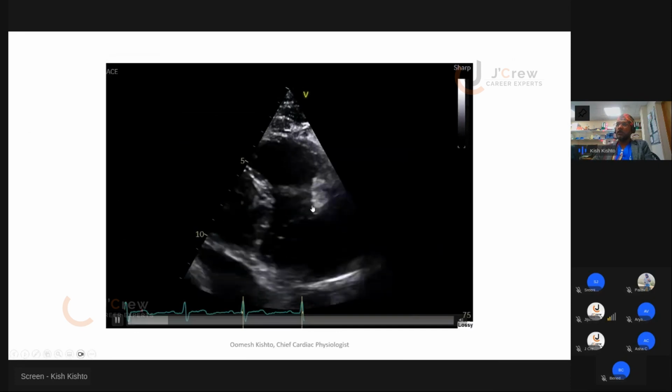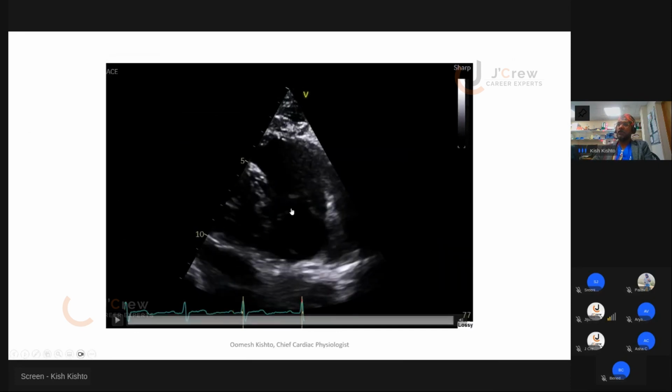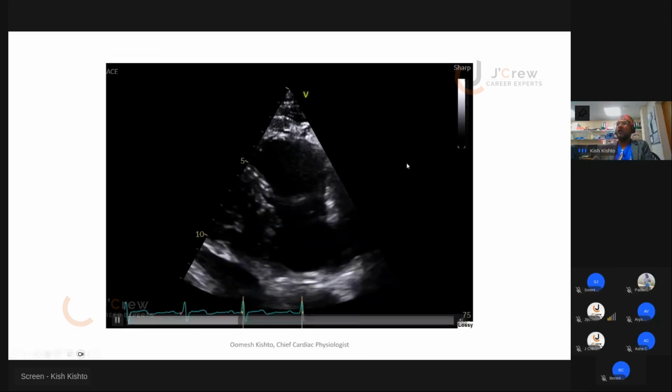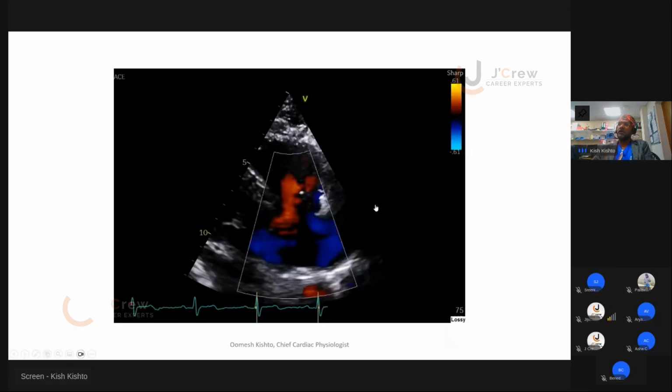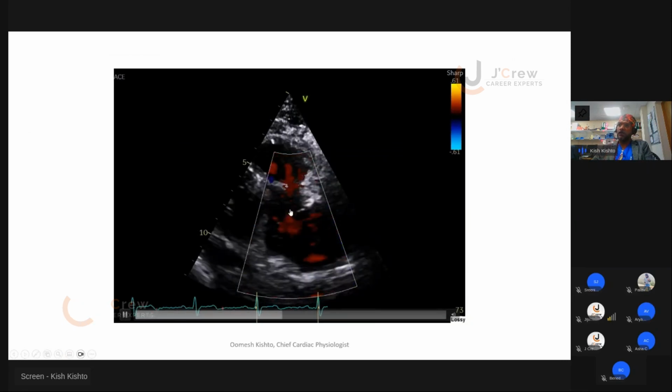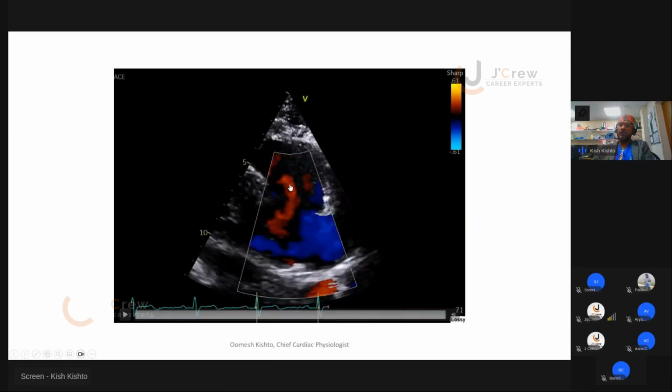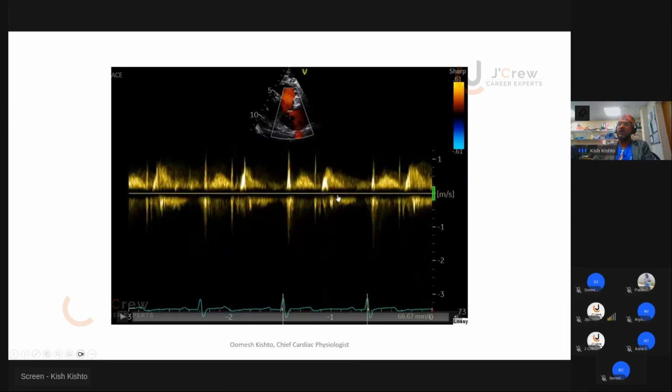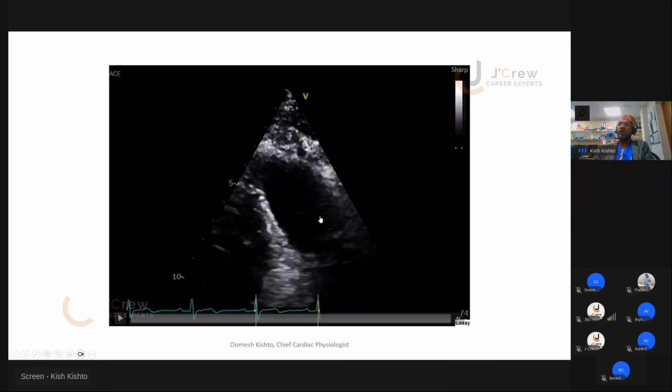So then we look at the RVOT. So your tricuspid valve, by tilting your probe up. We put the color on, make sure if there's any regurgitation, and the CW, look for your Doppler profile. Okay.